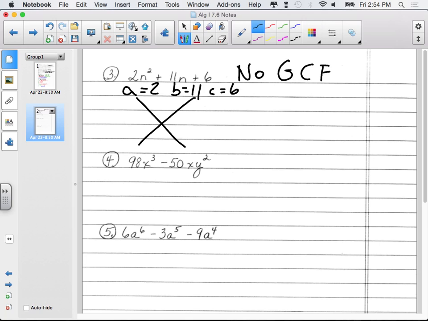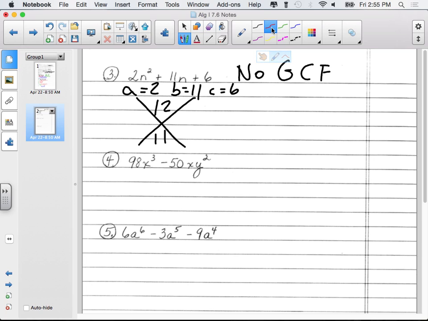What goes upstairs? 12, A times C. What goes downstairs? 11. Alright, so we're looking for 2 numbers that multiply to 12 and add to 11.